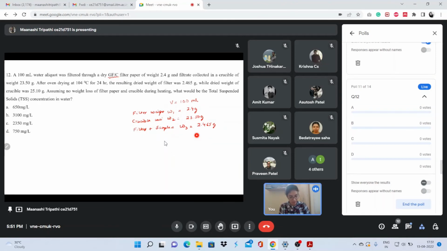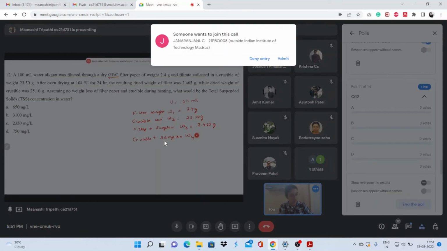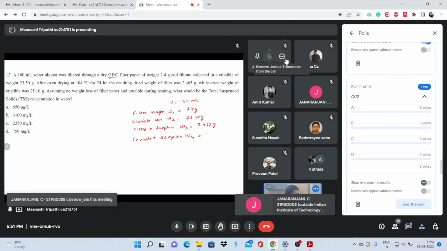And the dried weight of crucible, that is crucible plus sample, is equal to 25.10 grams.